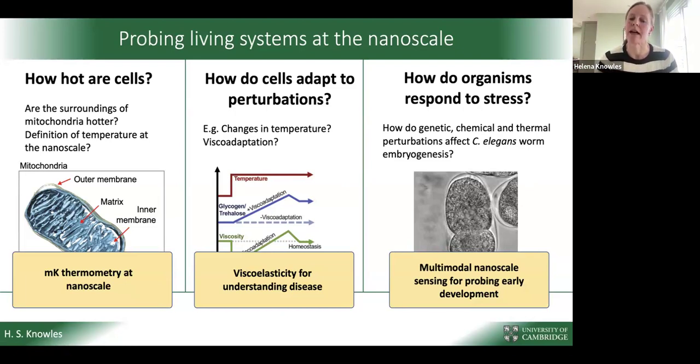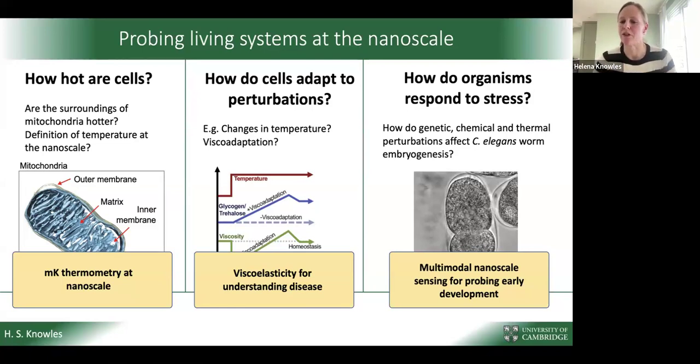So, for example, we know that cancerous cells become stiffer as the cancer progresses, and there are many links to other diseases as well, including viral replication, for example, in sort of denser liquid droplets. That would be excellent to understand so that we could find better treatments for these diseases.